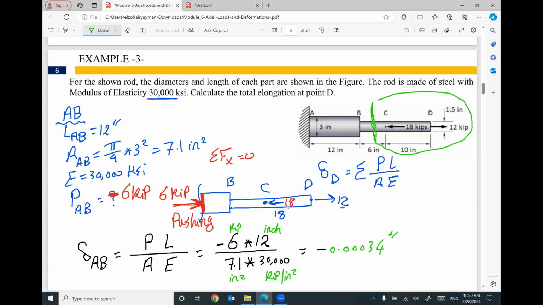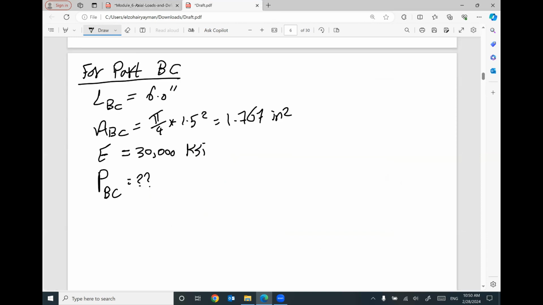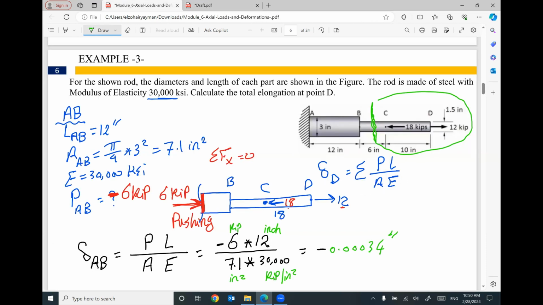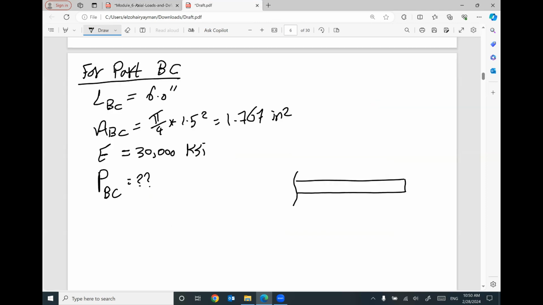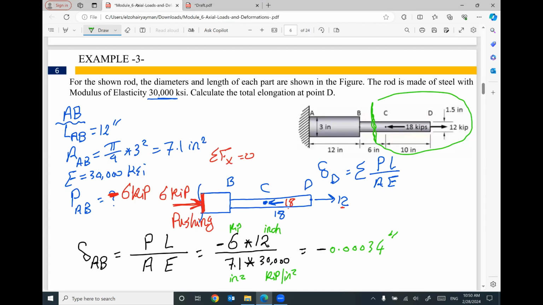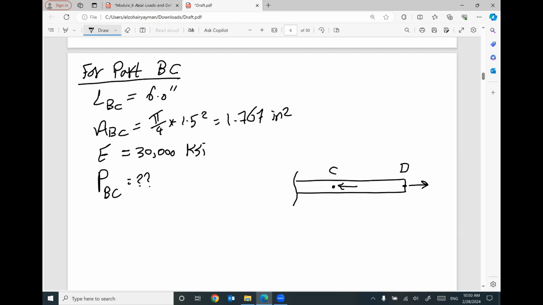So I decided to use the right part. So the right part looks like this. I did cut here, and I have point C with a force in this direction and point D with a force in this direction. These forces are 12 and 18.